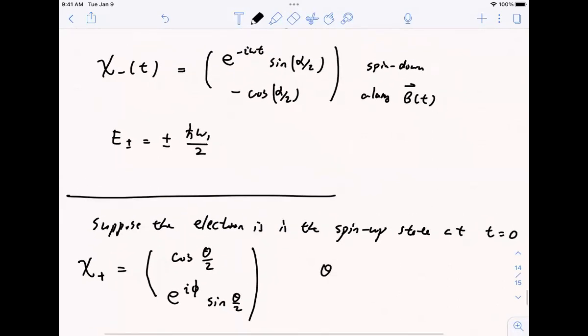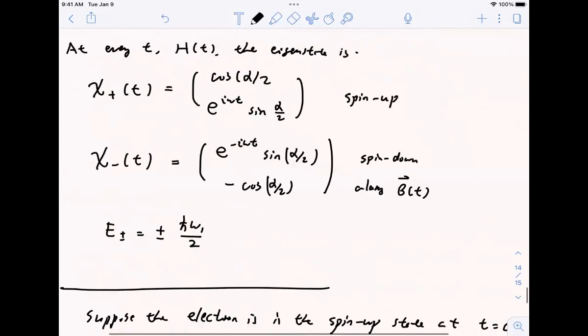Here this theta is just equal to this alpha. I should not use alpha here, but I just follow the textbook.